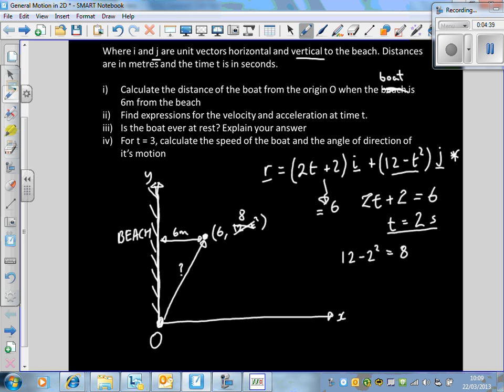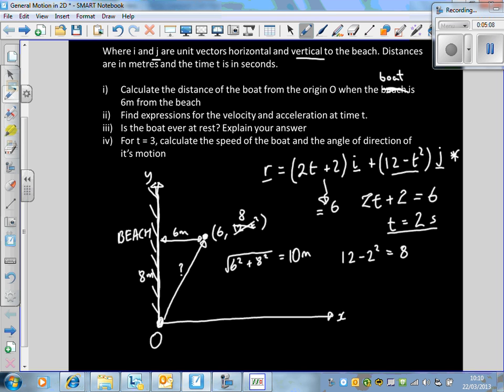What about the distance then? How could we calculate that distance? Now we've got the coordinates 6 and 8 from the origin. Pythagoras. That distance there is 8 meters. So the distance is going to be the square root of 6 squared plus 8 squared, which is 10.